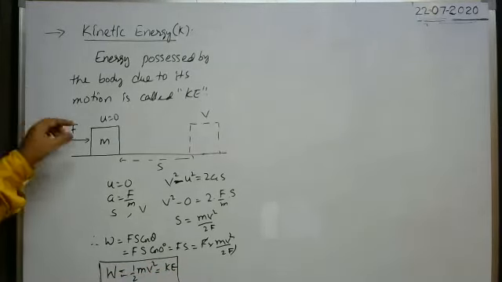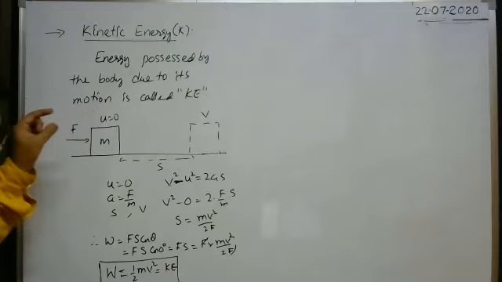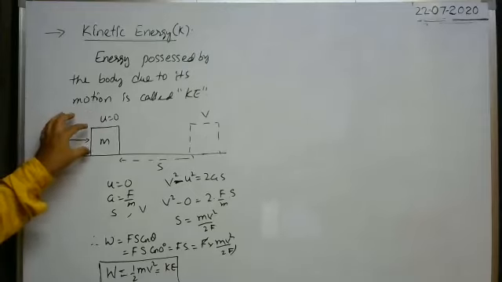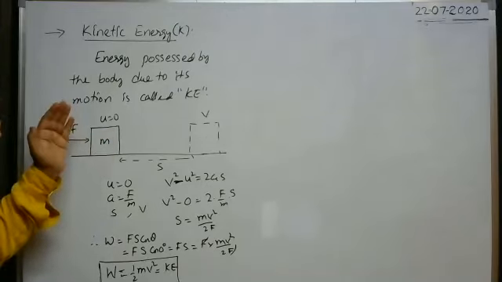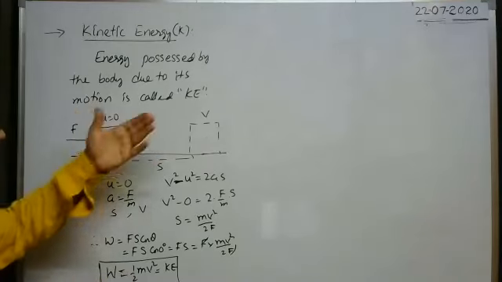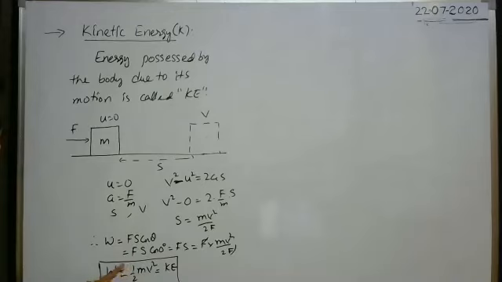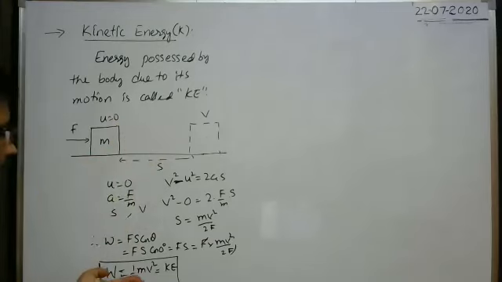So the work done by the applied force on a body with initial velocity 0, to start the motion, is stored in the body as kinetic energy. That's why work done is equal to kinetic energy. So the energy possessed by the body because of its motion is called kinetic energy.